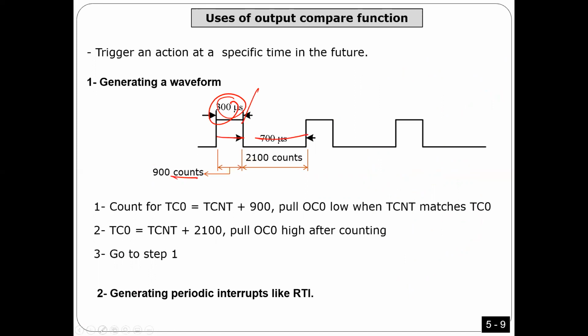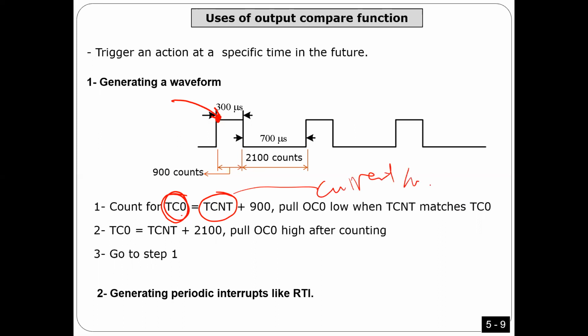And then after that, at this point in this interrupt, I'm going to say TC0. I told you every channel has one register TC, right? I'm going to say TC0 should equal TCNT, which is actually the current count, plus 900.